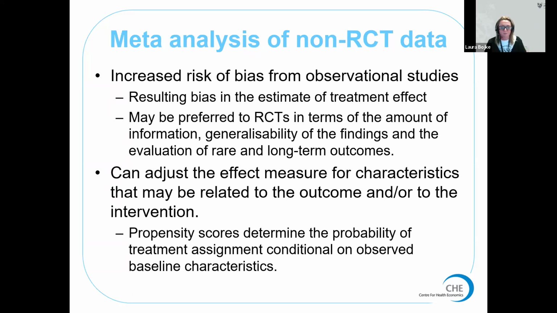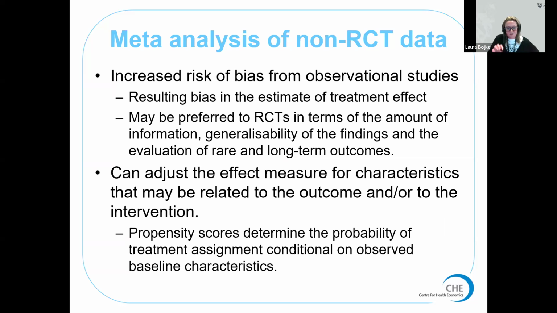Obviously, when we think about observational studies, we've got an increased risk of bias with that data, as we would if we were dealing with it as an individual study. And we may have resulting bias in our estimate of treatment effects. But it may be preferred to RCTs in terms of the totality, the size of the evidence base, or potentially generalizability. Those are standard issues about observational data.